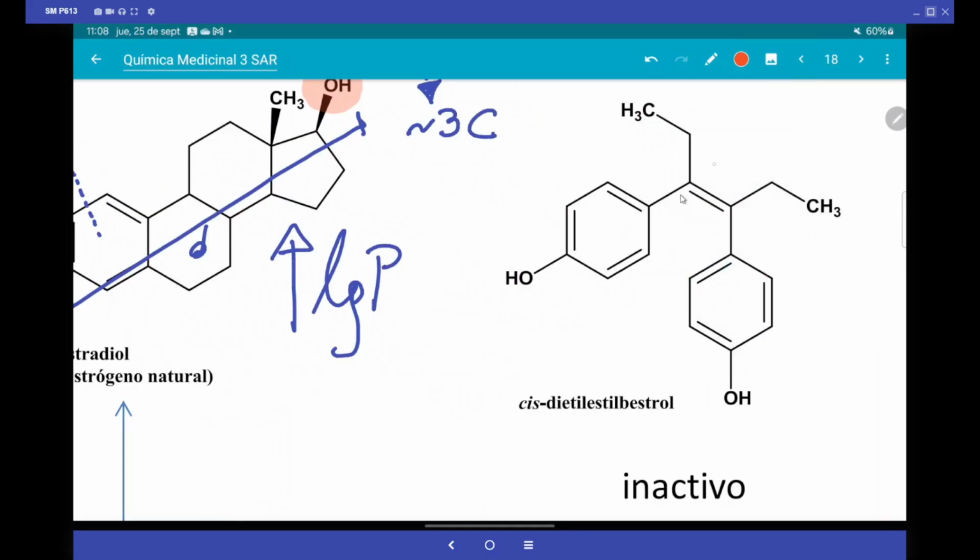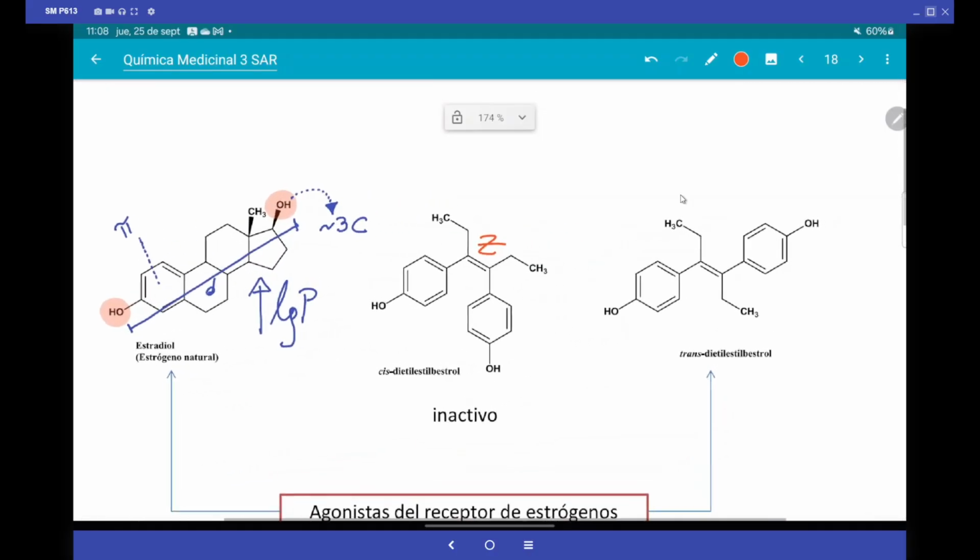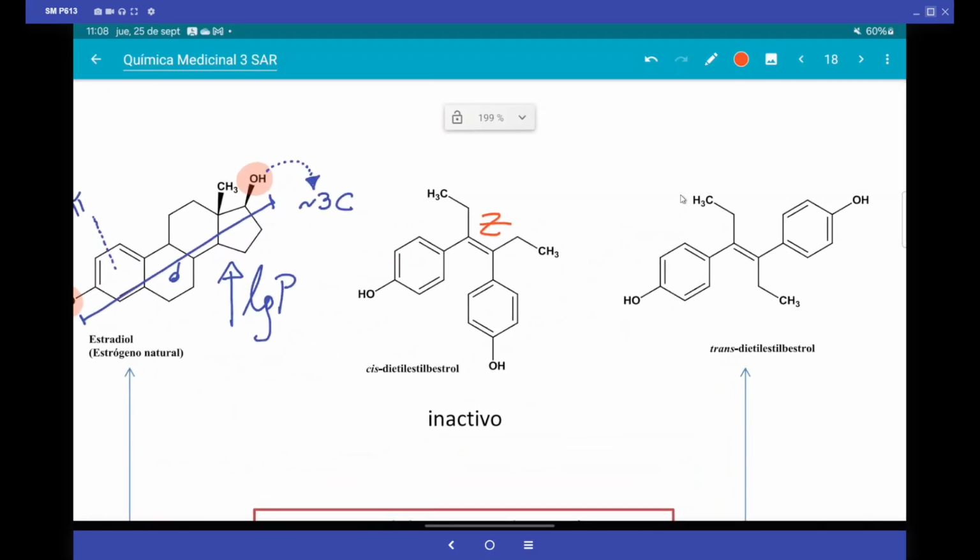But here, next to it, we have the isosterism. And this one is active because it preserves this geometry with these distances between the hydroxyl groups. And not only that, but we have the aromatic ring that we already know is going to do pi-stacking type interactions with the receptor.